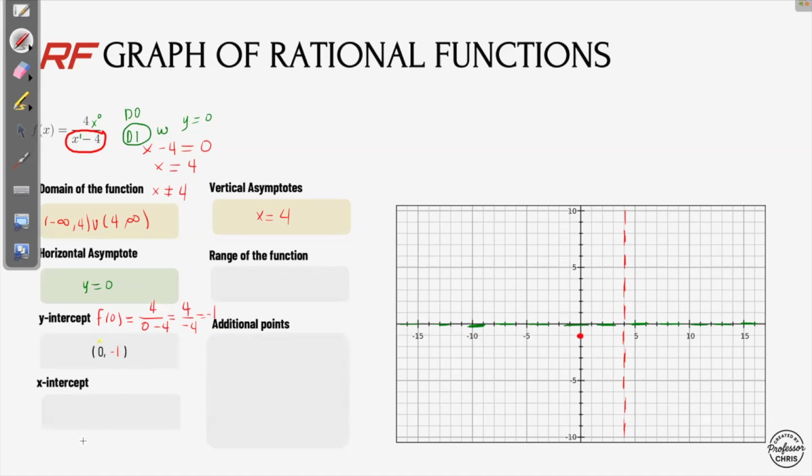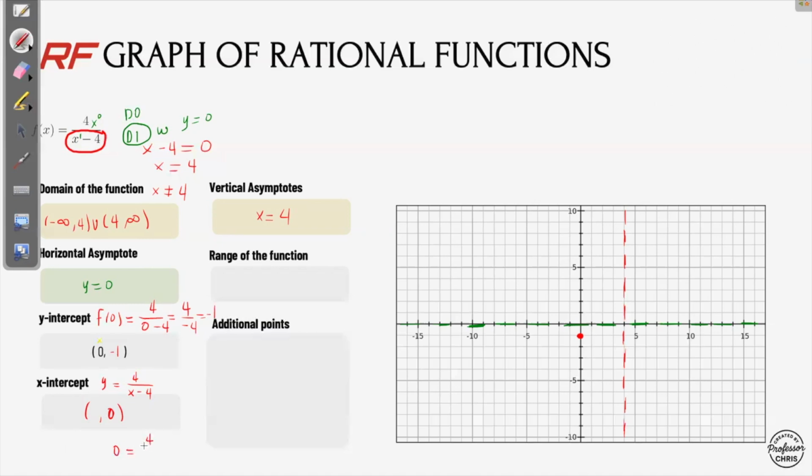And the x-intercept is the opposite, meaning how much is x when y is 0. So if you think about it, this is y equals 4 over x minus 4. So what we're really asking here is how much is x when y is 0.